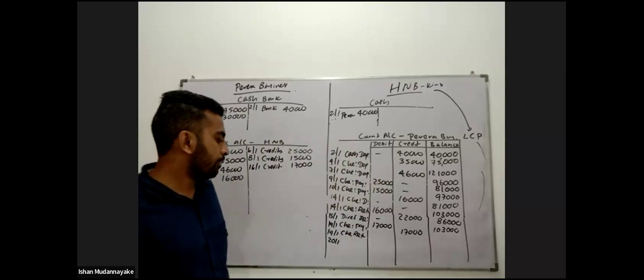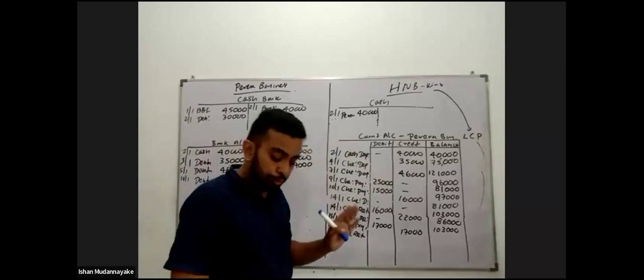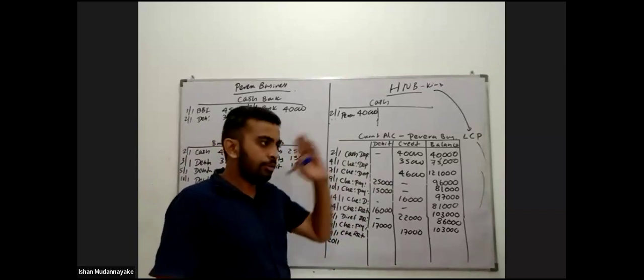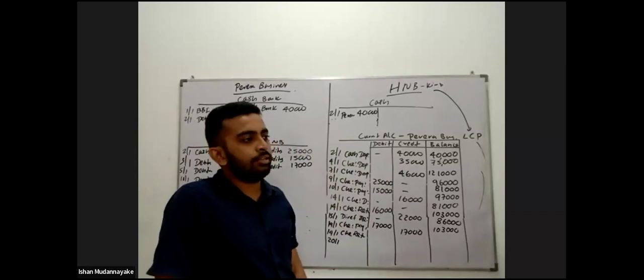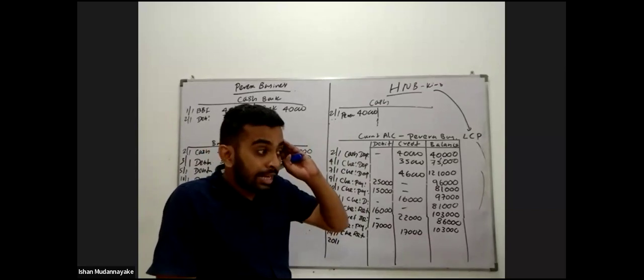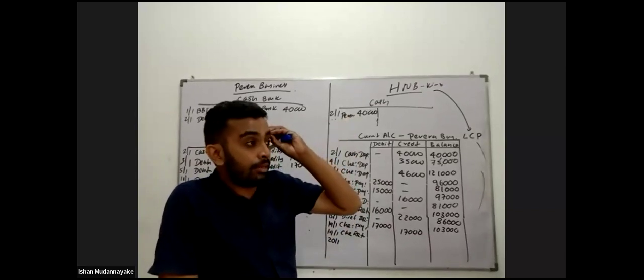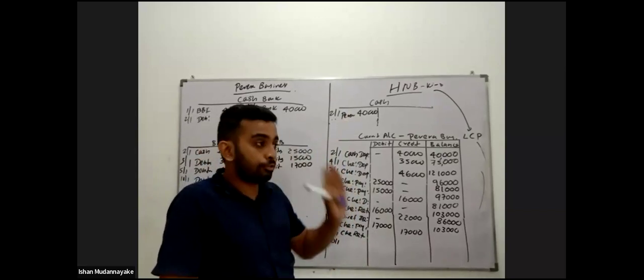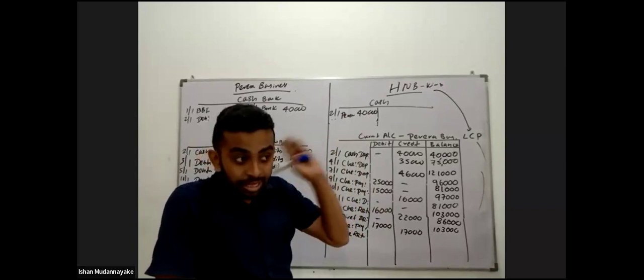Pereira has informed the bank, please pay 8,000 each month to the insurance company. Based on that order given by Pereira, the commercial bank pays 8,000 to the insurance company every month.